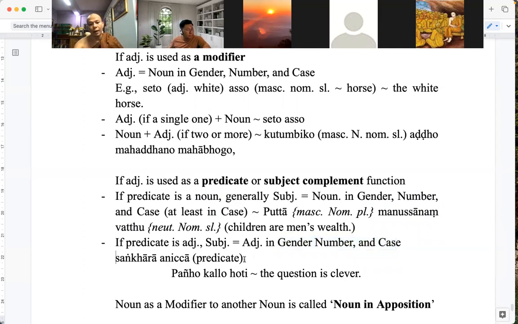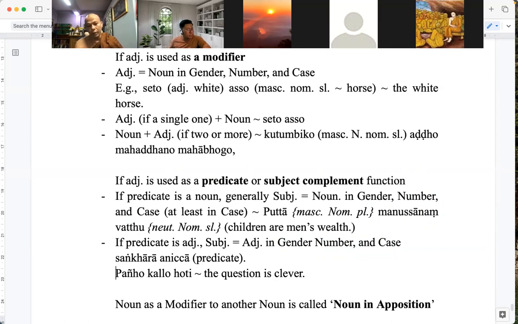Here one is Sankhara Anicca. Another one is Binyo Kanlo Hodi. Sankhara Anicca, the conditioned things are impermanent. And Binyo Kanlo Hodi, the question is clever. So Sankhara is nominative case plural masculine.